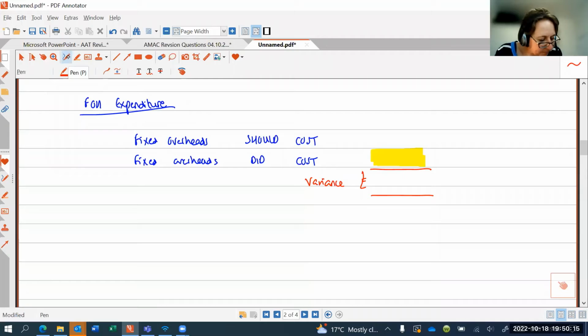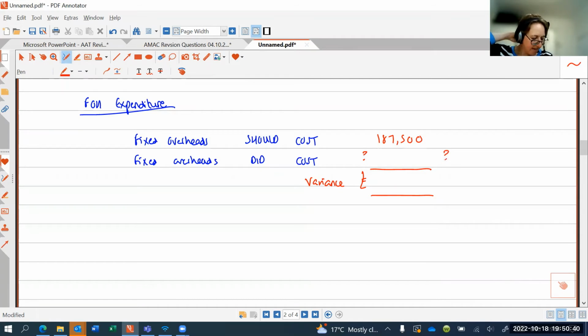So let's have a look. Fixed overhead should cost. It says the budgeted activity is for 25,000 units at a total cost of 187,500. So that is how much I planned to spend. So I can get that in first. This is the question mark for now.